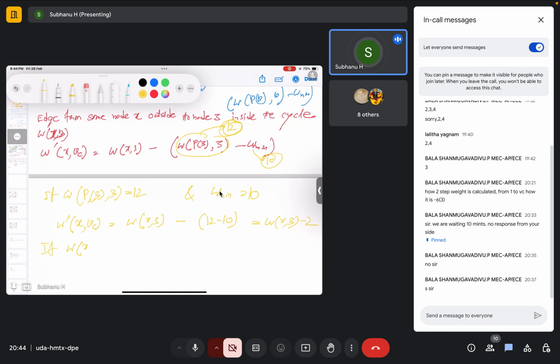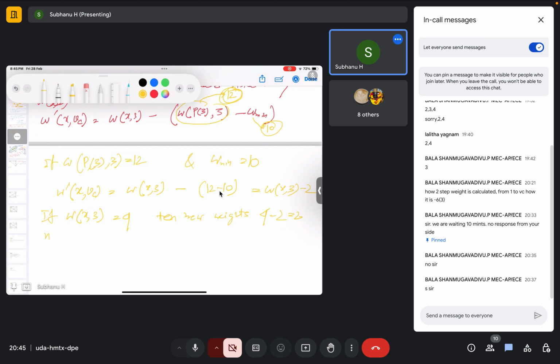If W x3 is equal to 4, then new weights are 4 minus 2 is equal to 2. If W x3 is 0, then new weight is 0 minus 2 is equal to minus 2. If W x3 is minus 4, then it becomes minus 4 minus 2 is equal to minus 6.